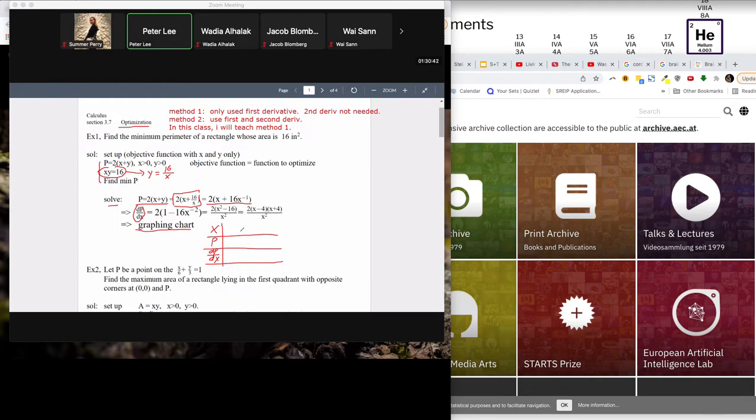So in this case, what is x? X is going to range from 0 plus to infinity. In most cases, nothing happens at the endpoint, so we don't need to know. And then now we look at dp/dx, and so the critical value is 4.